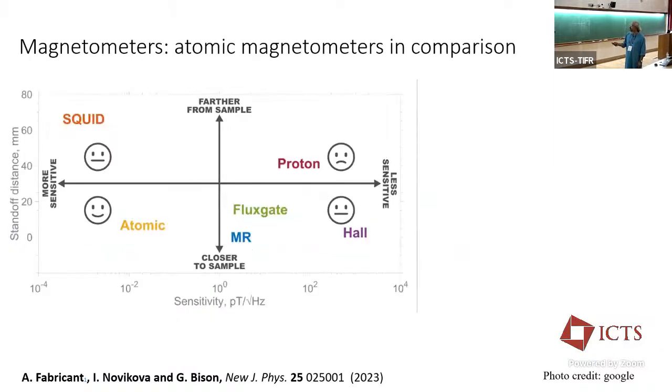This is a cartoon taken from this article, where you see that in terms of sensitivity, atomic magnetometers are very close to SQUIDs, but if one starts talking of miniaturization, atomic magnetometers start winning. You can bring these magnetometers very close to the sample.